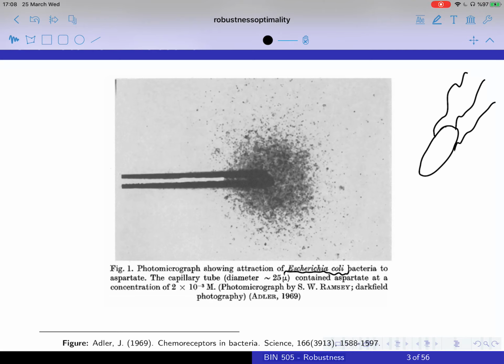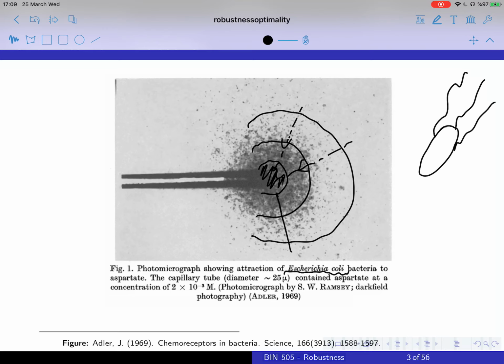Obviously, there's going to be a gradient where you pipetted the material. There's going to be a lot of concentration there, a little bit less outside, and so on. So the bacteria will be able to sense the direction in which the concentration is highest, and we're going to talk about how they do that.